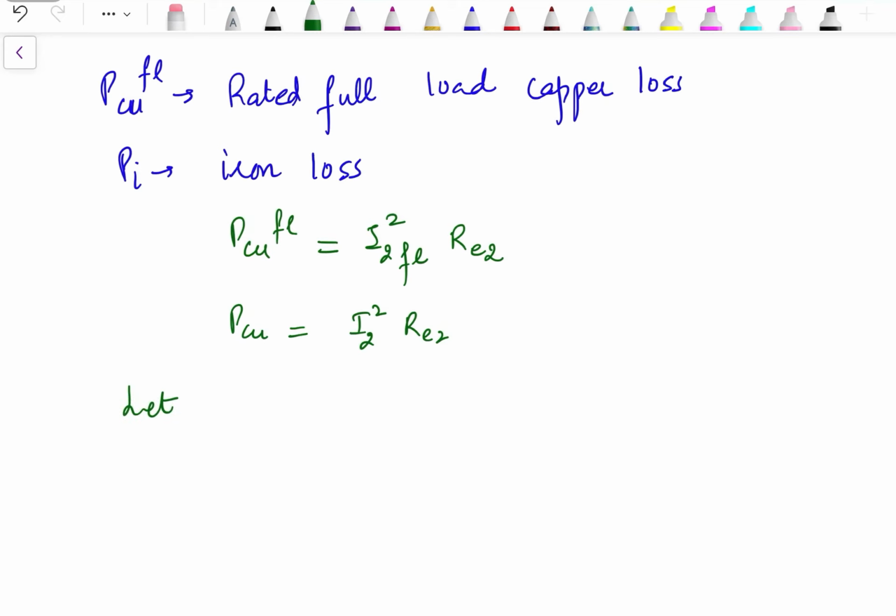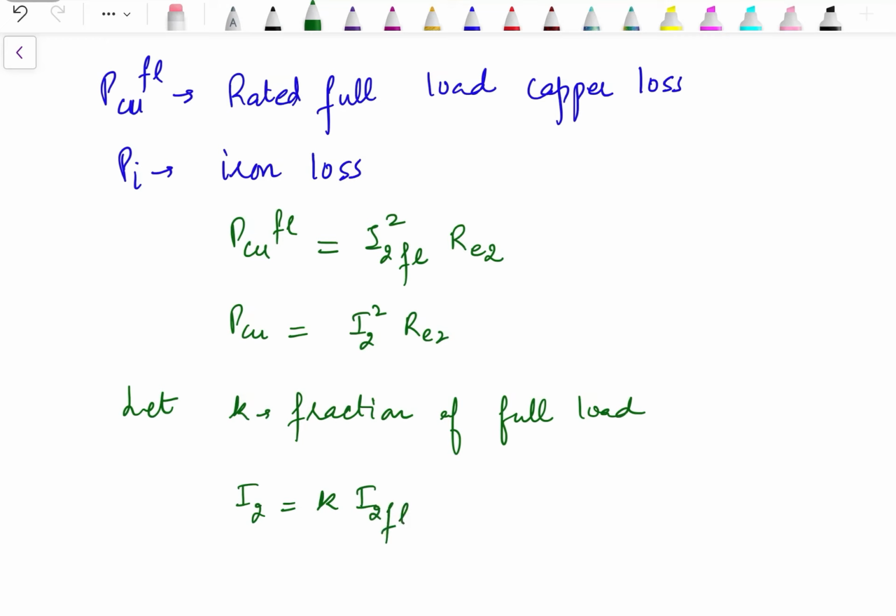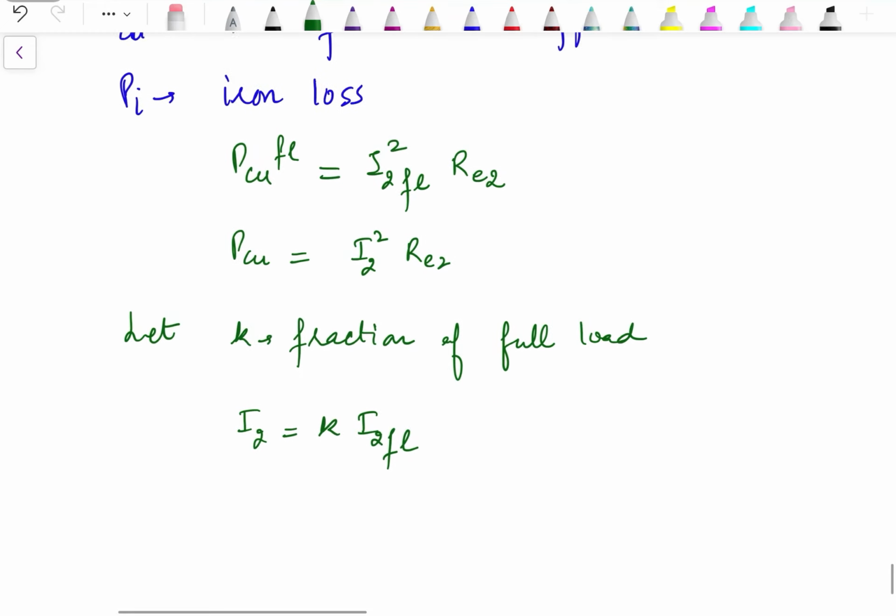Let K be the fraction of full load. Now what we mean by K as fraction of full load is I2 equals K times I2FL. 50% load means K is 0.5, 75% load means K is 0.75, 80% load means K is 0.8, and so on. So this is what we mean by fraction of load.